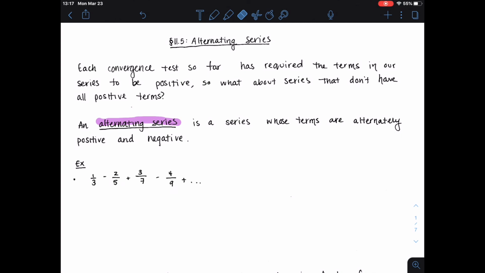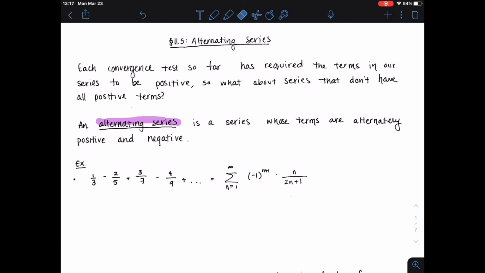So one example you could look at is positive 1/3 minus 2/5 plus 3/7 minus 4/9. You see it's alternating between positive and negative. The bottom is odd numbers, and the top is just increasing by 1 each time. If you were to write this in sigma notation, it would be the sum from n equals 1 to infinity. You've got the alternating start.